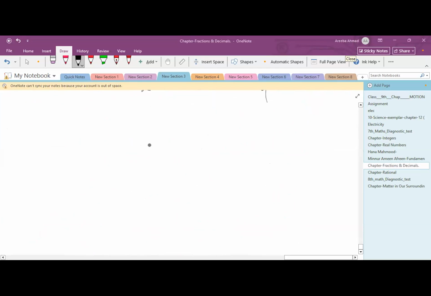So let's make the fraction now. What was the numerator? 1 upon 2 upon 3 by 4. Always remember, these two things come together: the denominator of the first one and the numerator of the second one. That means 1 by 2.